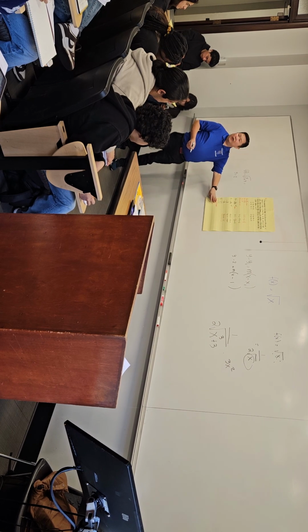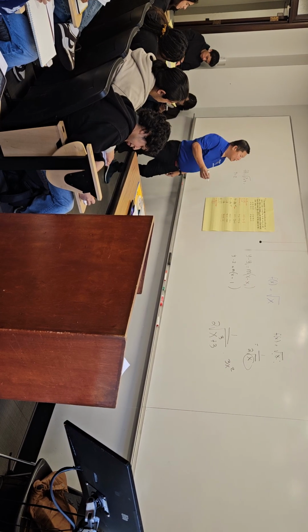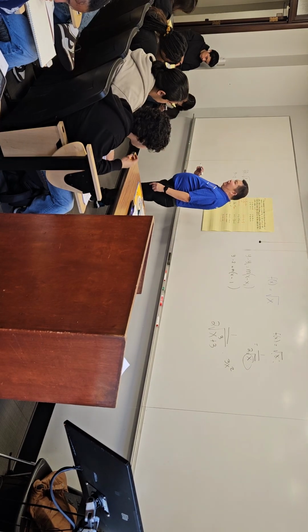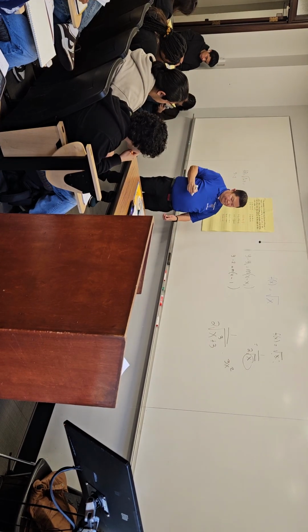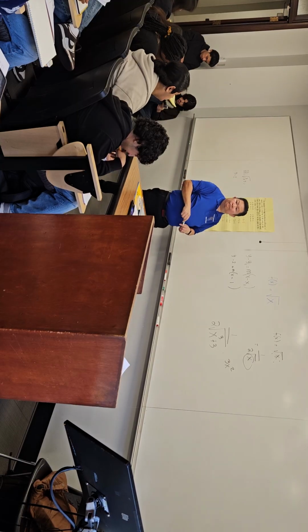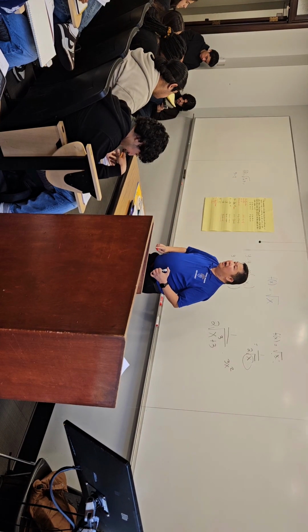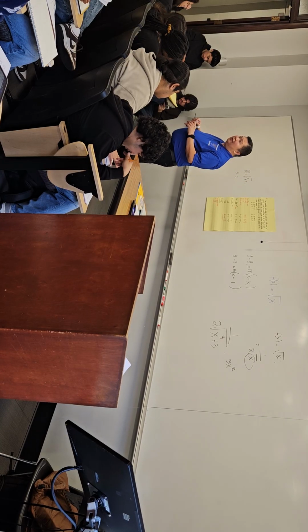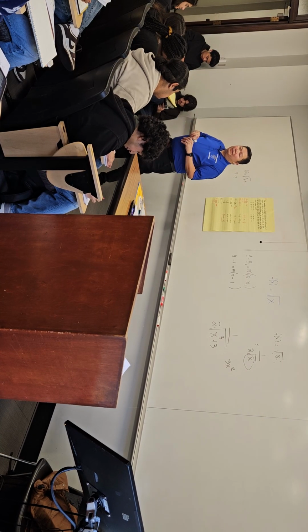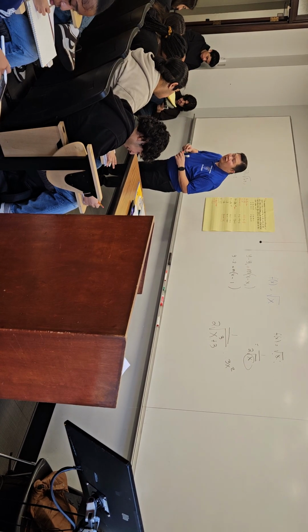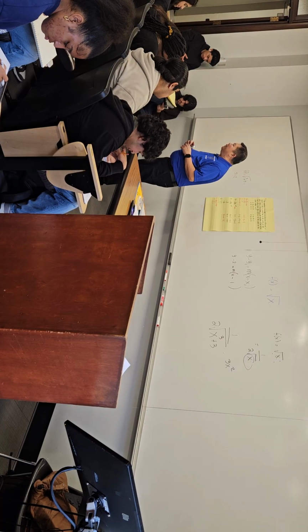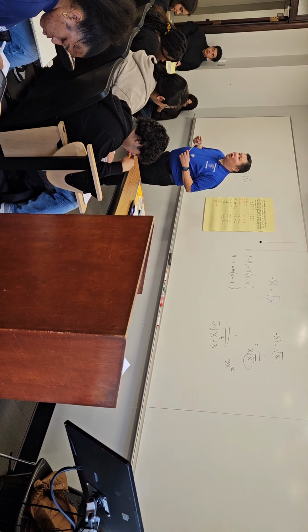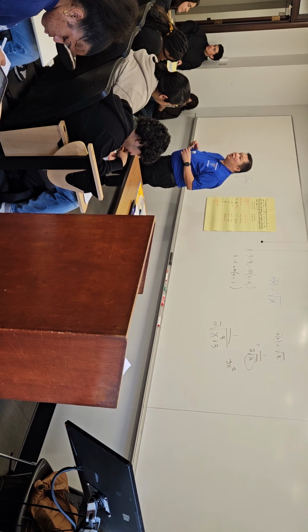So the next thing that you're going to highlight is the normal line. What is the normal line? In algebra, what is normal? Normal is the same as perpendicular. What is a perpendicular line? You have to take the negative reciprocal of the slope.